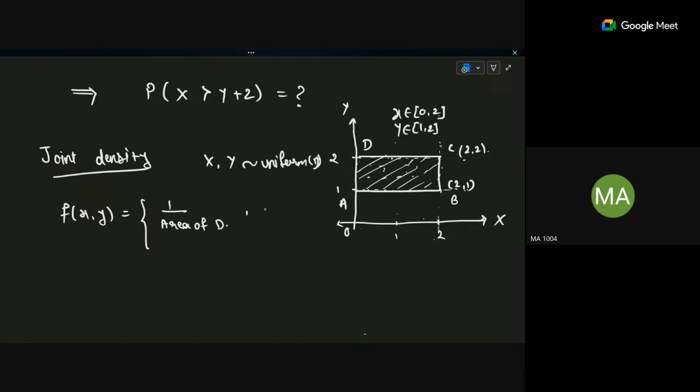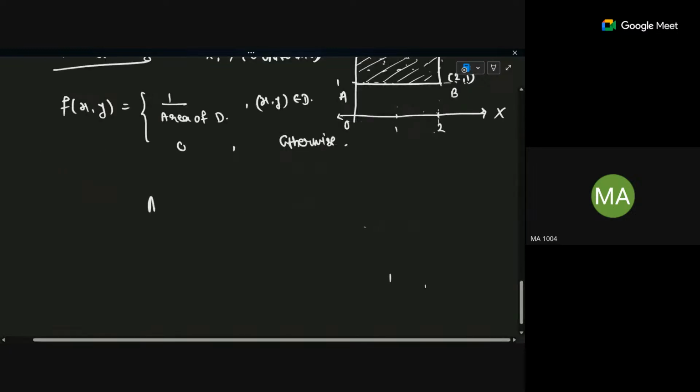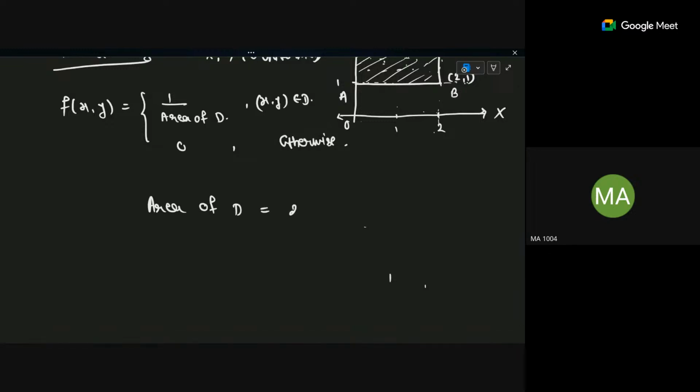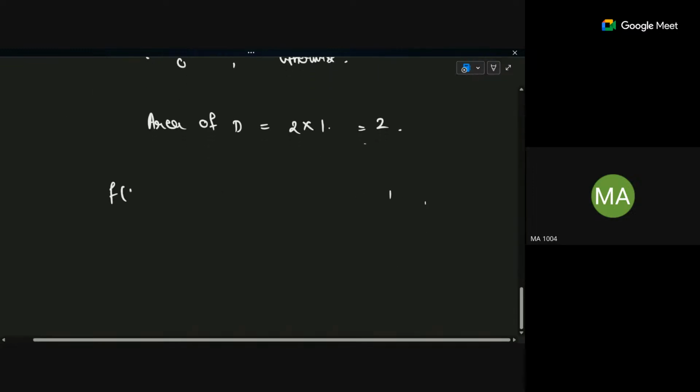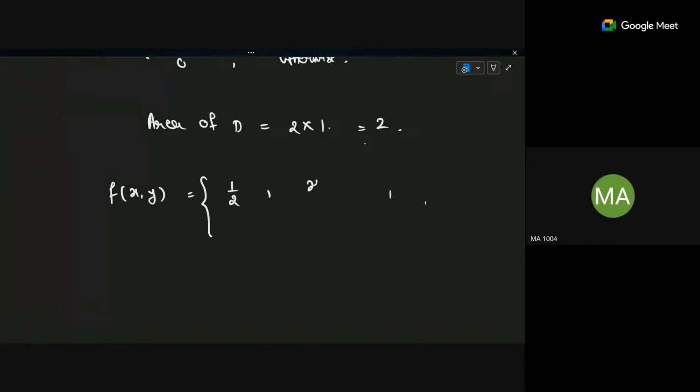So what is area of D? It's the area of rectangle, 2 into 1, so it's 2. So our Fxy is 1 by 2 whenever your xy is belonging to D. D is your support region, is it? Yes, ma'am.